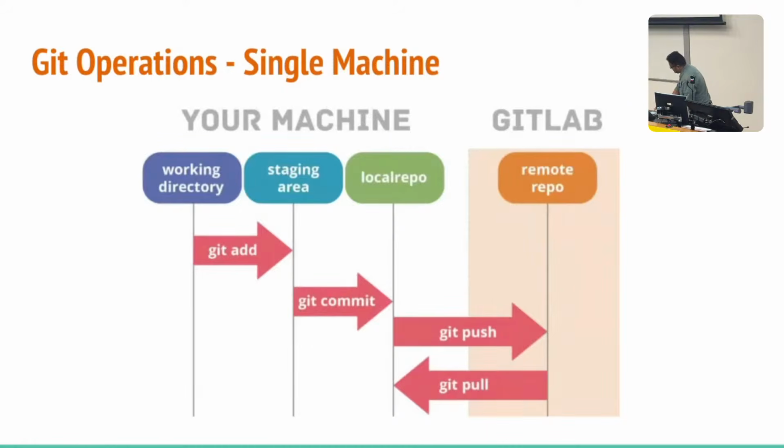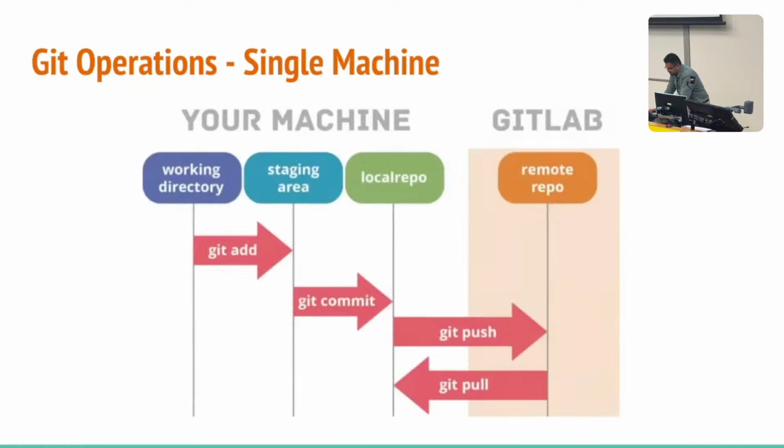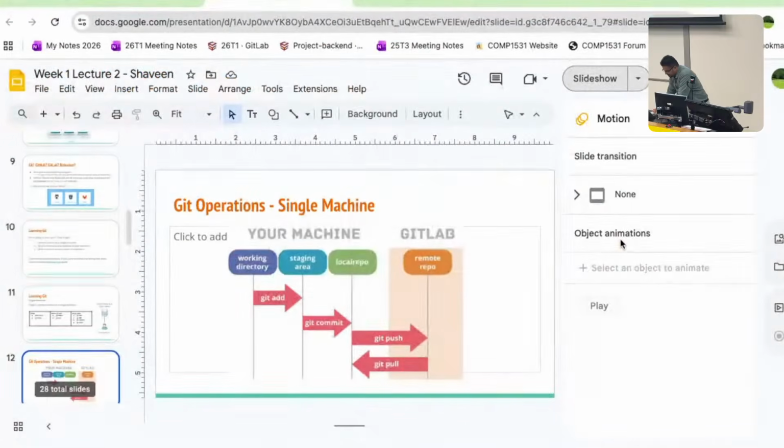Now, add and commit mostly happen on your own machine, the repo or the changes to the code. Only when you push does it get pushed to the server, right? And if you want to retrieve something, you do git pull.